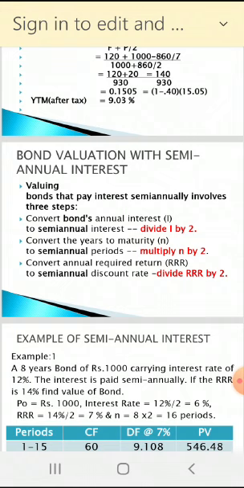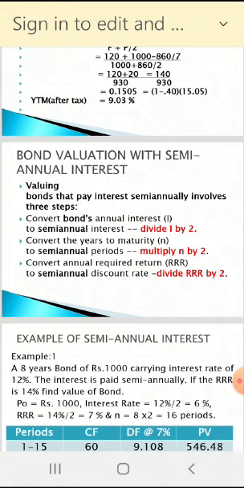In this case, valuing bonds that pay interest semi-annually involves 3 steps. We have to understand these steps. First, convert the bond's annual interest to semi-annual interest, which means divide I by 2.